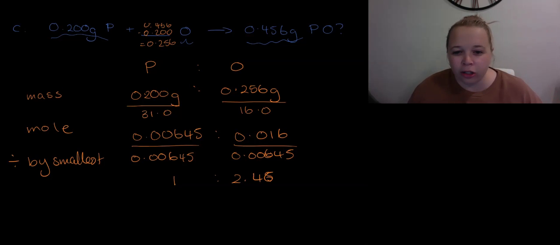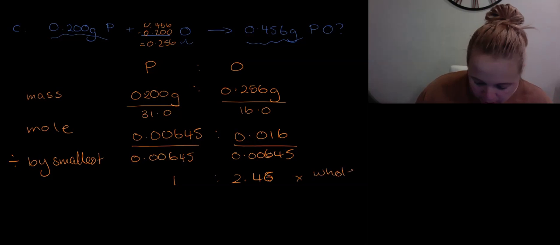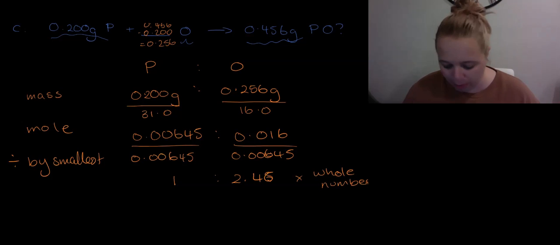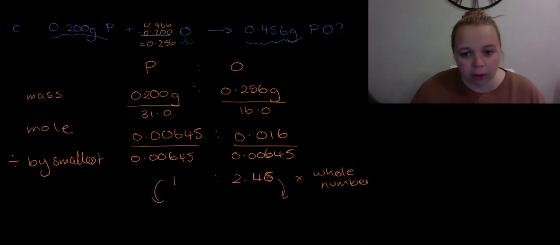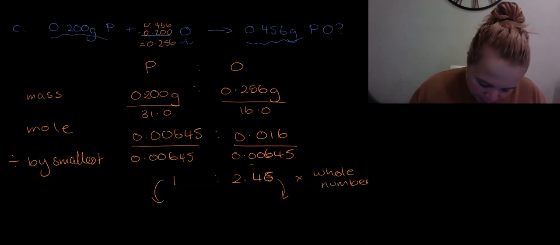Now, the ratio here is not a whole number. We could do a couple of tricky things, but it's quite obvious that we need to multiply them by the same factor until we get to whole numbers. So I'm going to multiply both of them by, and you can pause and have a think, what am I going to multiply this by? This is very close to 2.5.